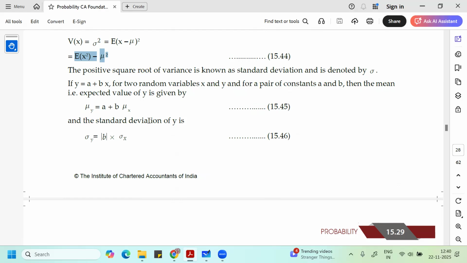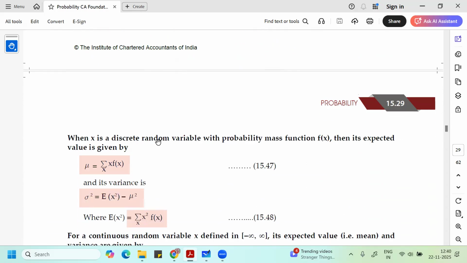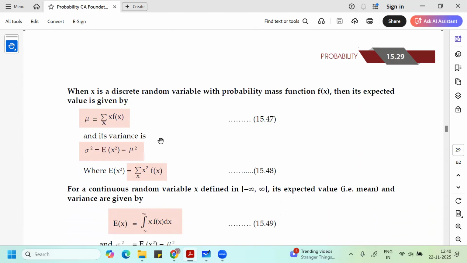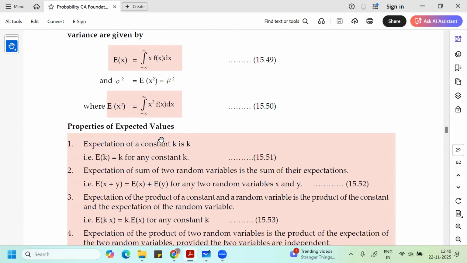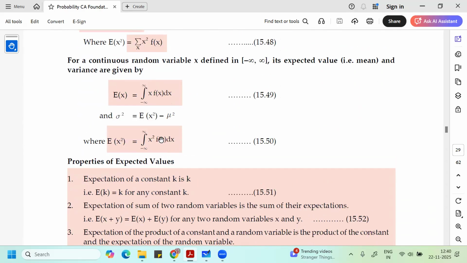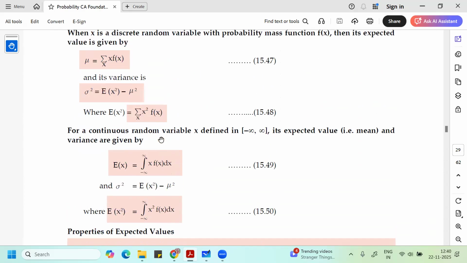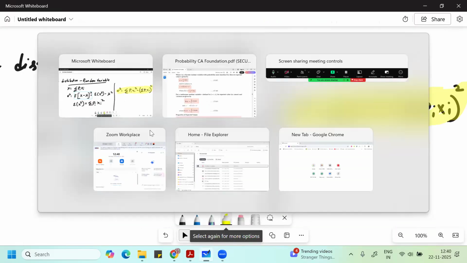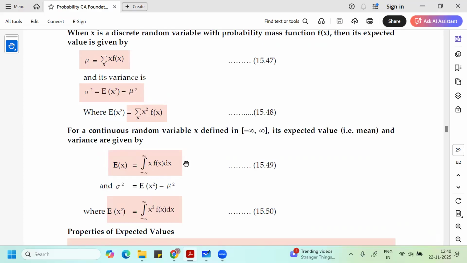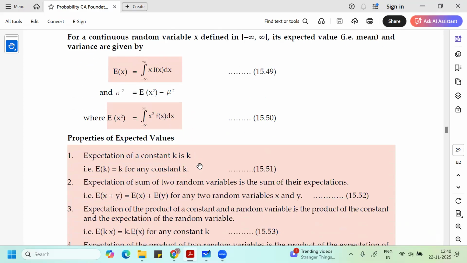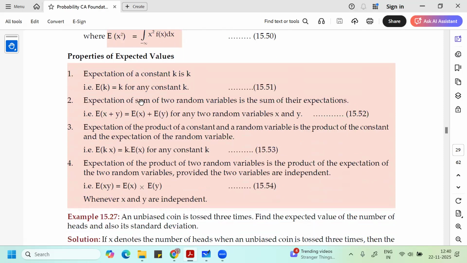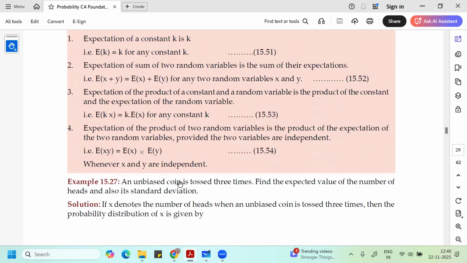But the standard deviation of y would be the modulus of b into standard deviation of x. This formula is important for you. This formula works for a discrete variable. When you have a continuous random variable, then you need the logic of integration. Just go through this.